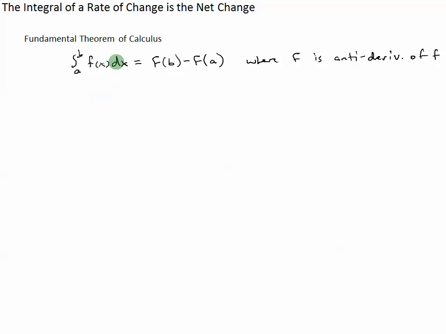So really, little f is the derivative of big F, sorry.